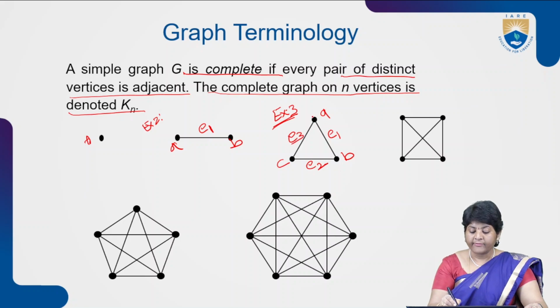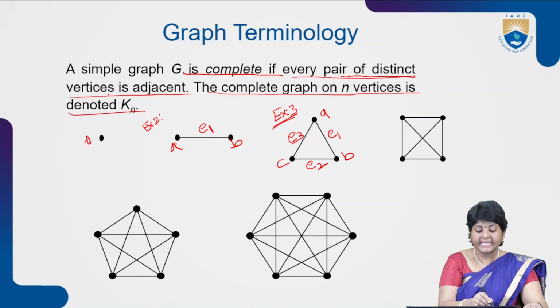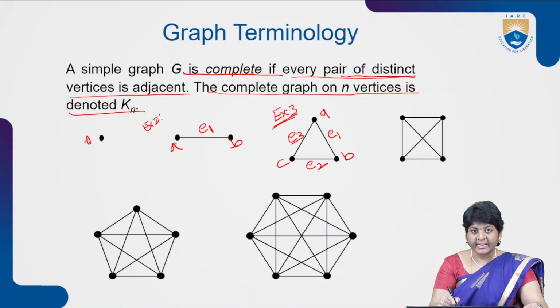Vertex A is connected to B and C. Vertex B is connected to A and C. Vertex C is connected to A and B. This means when we say the given graph is a complete graph, every pair of distinct vertices is adjacent. So for vertex A, C and B are adjacent. For B, A and C are adjacent. And for C, A and B are adjacent. So now this is a complete graph.